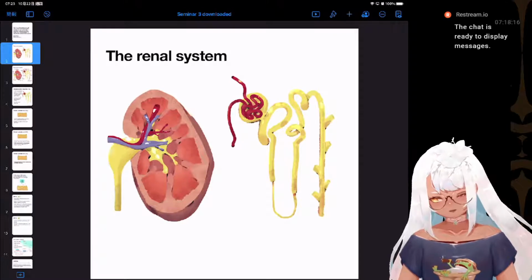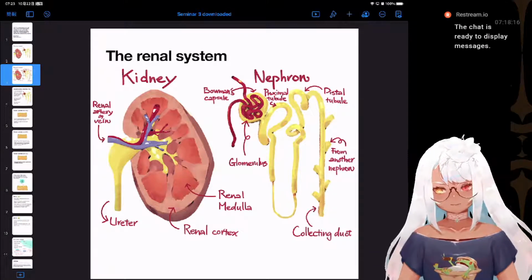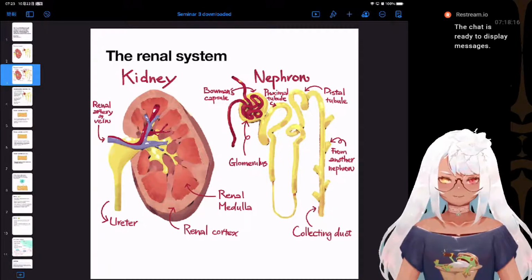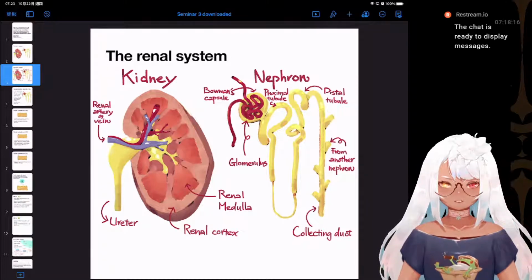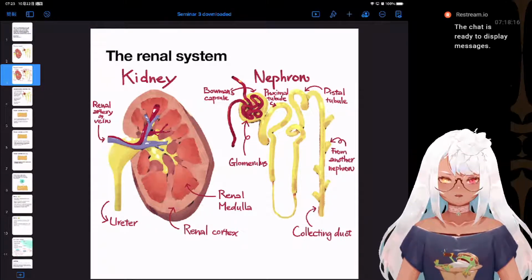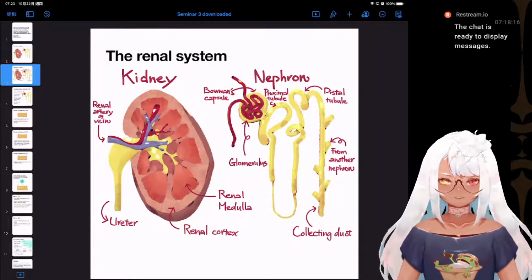So here is a schematic graph I drew for the kidney, and our blood will enter this blue renal artery and enter the renal medulla, which consists of millions of small nephrons, which are the basic functional unit of the kidney.